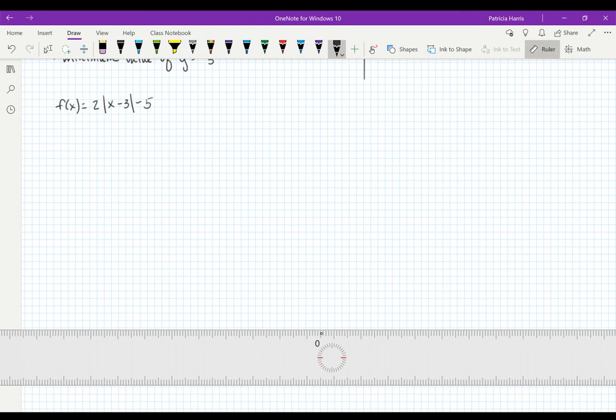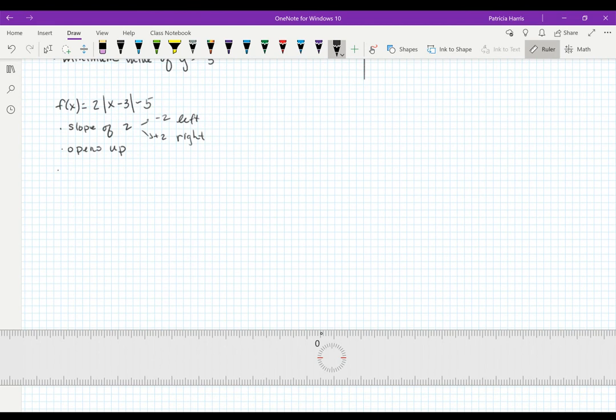Okay, so this guy, you'd probably tell me that there's a vertical stretch of 2, but you can think about it as a slope. Okay, it opens up. So it's going to look like a V. So you're going to have a negative slope on the left-hand side and a positive slope on your right-hand side.